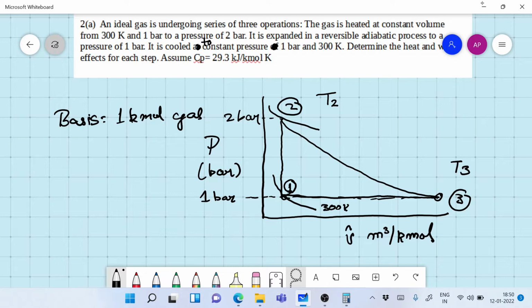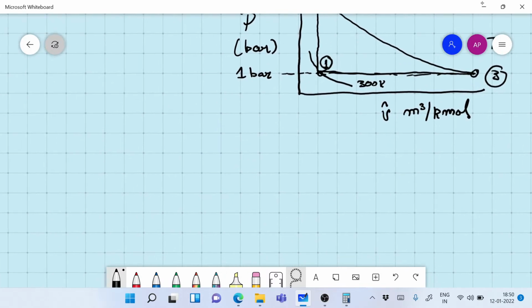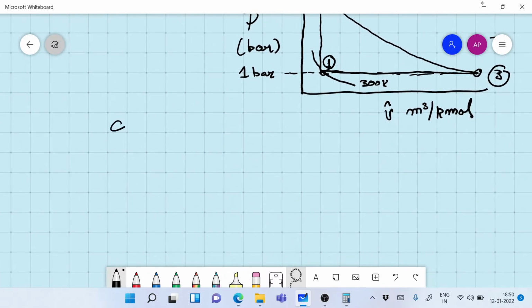Even though we have to calculate the heat and work, we can calculate it by using the change in enthalpy and the change in internal energy. We should know that the Cp is 29.3. So let's start with solving the problem. Let's write Cp as 29.3.